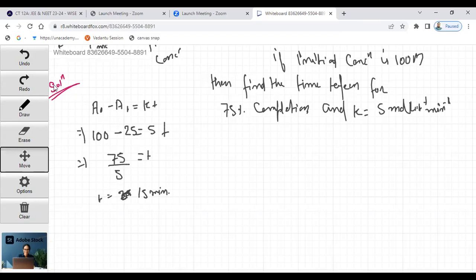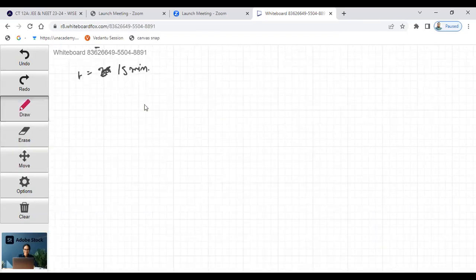Okay, I'm giving you another question. This is the concentration of A, this is the concentration of B, this is the rate of reaction.